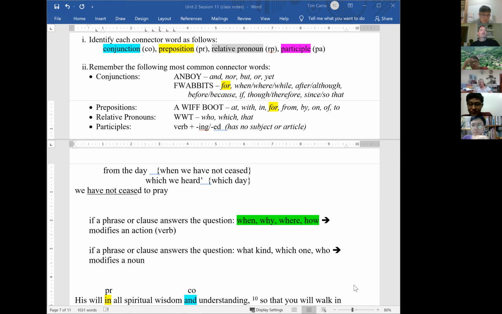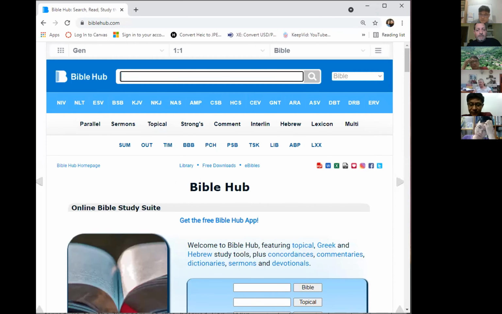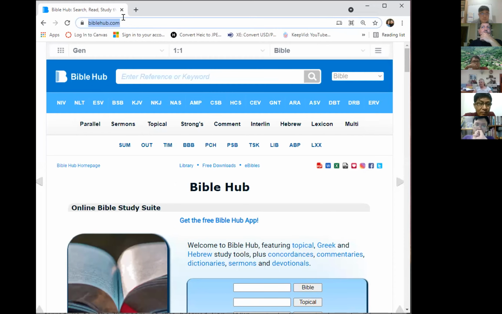Here it is. My favorite interlinear, the one I use quite often, it's very good, is on BibleHub.com. Bookmark this website, BibleHub.com.